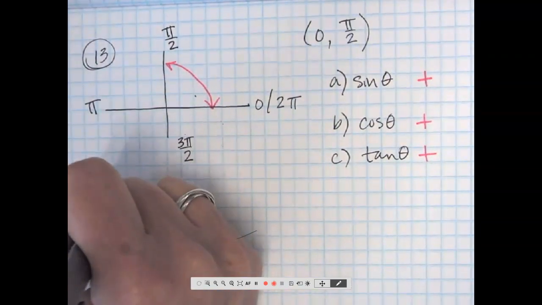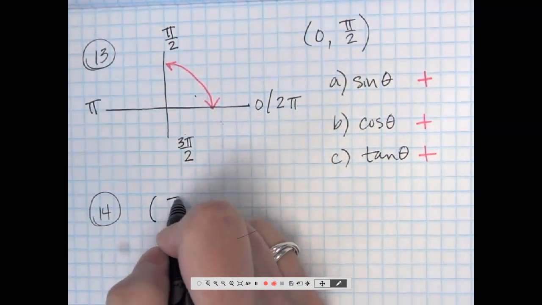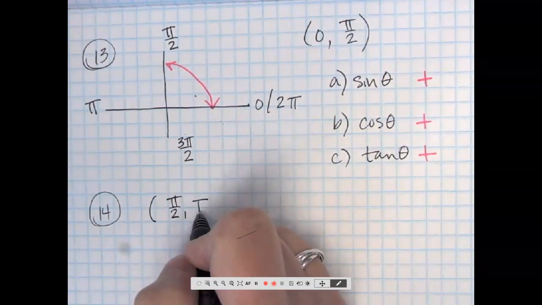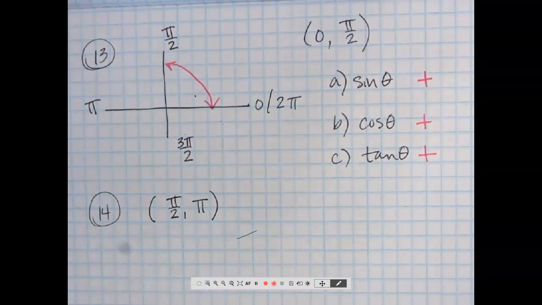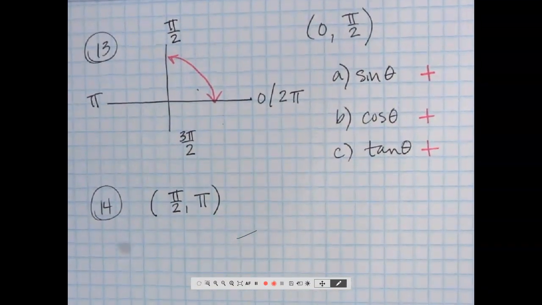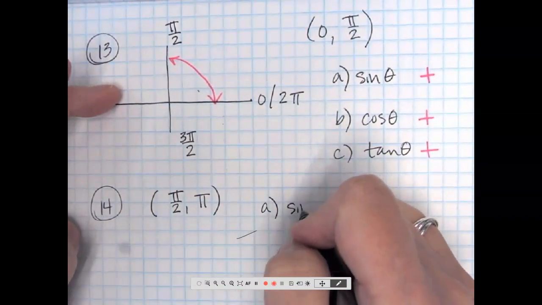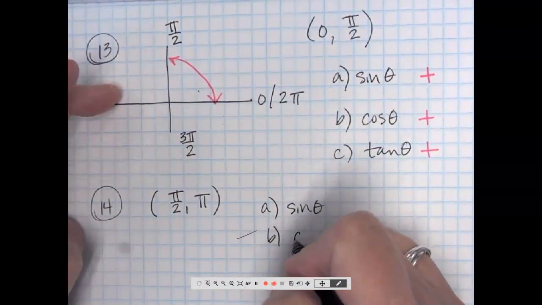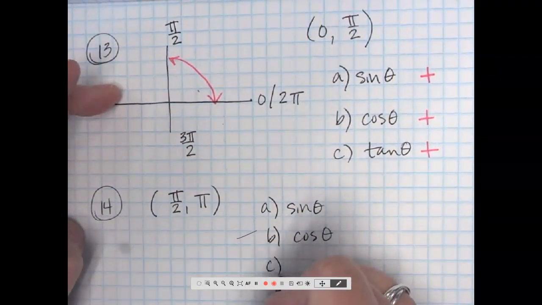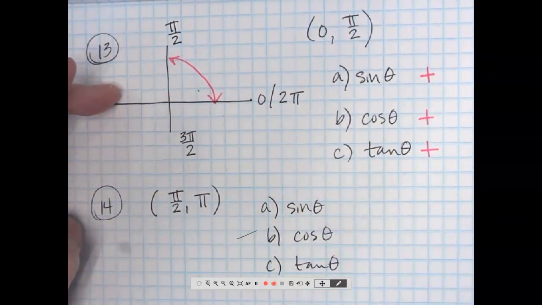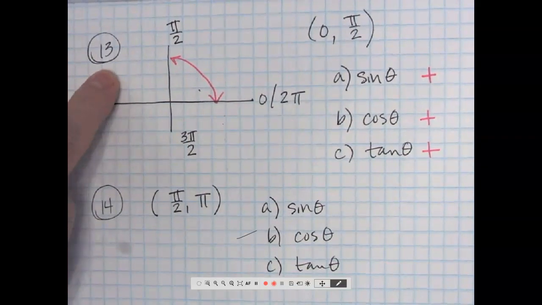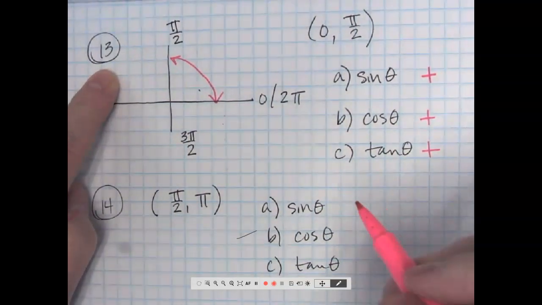So then number 14, it goes to the interval pi over 2 to pi. So now we're just basically moving to the second quadrant. And it's saying, okay, over here, what is sine? What is cosine? And what is tangent? Okay, second quadrant, what is sine? Positive.